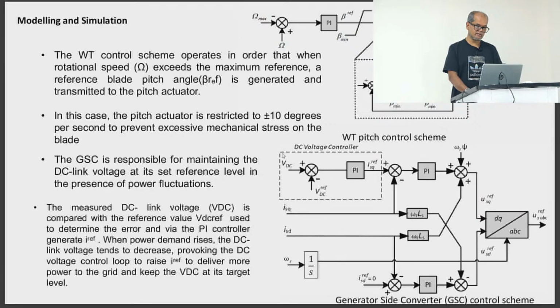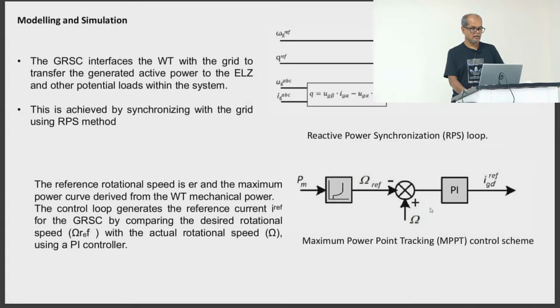So based on whether your load increases or decreases, it produces the control action just to keep it constant. The other side, the grid side, is more about reactive power, and speed, and also real power as well. That is given by this control.